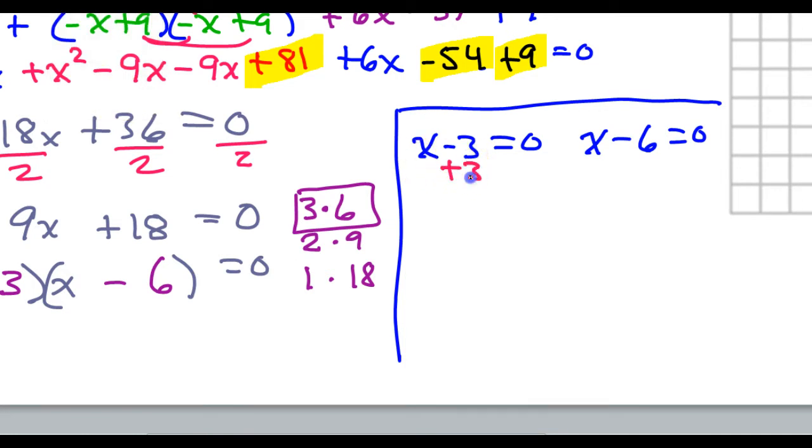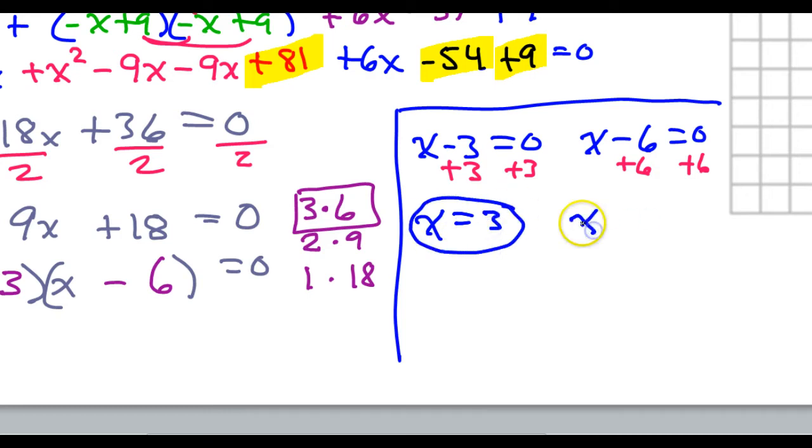So here I would add 3 to both sides. And here I would add 6 to both sides. And that's going to give me x equals 3. And this will give me x equals 6. So these are my two x values, 3 and 6.